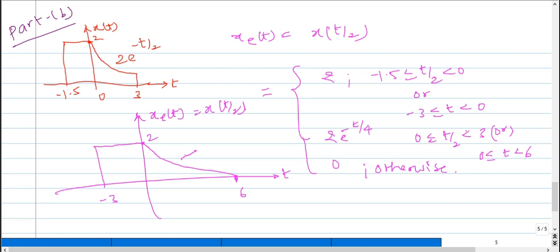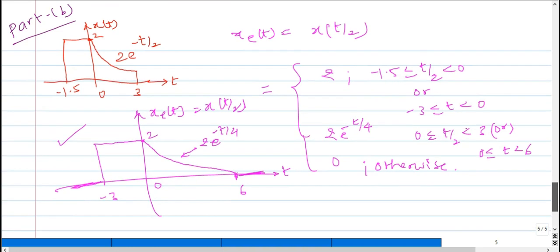So this will vary according to 2 to the power minus t by 4. Okay, and after that it is 0, and before minus 3 it is 0. Okay, so this is the expanded signal x of t by 2. So this completes this example.